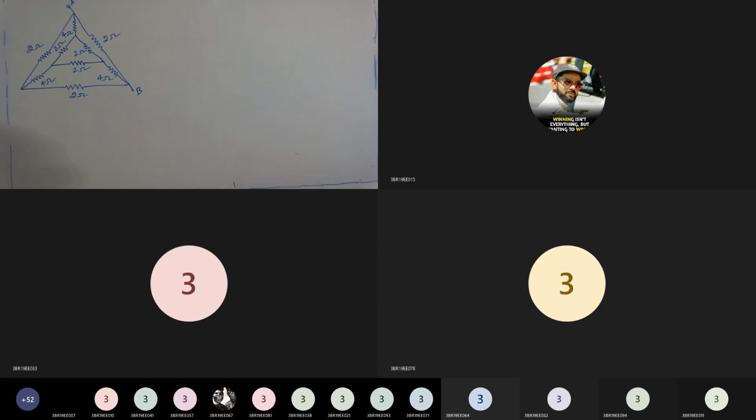Now the very first step is to identify those series and parallel combinations. We are unable to find them, so the next step is to look at star and delta combinations. How many star connected networks are there here, and how many delta connected networks are present in the given network? Can you identify?